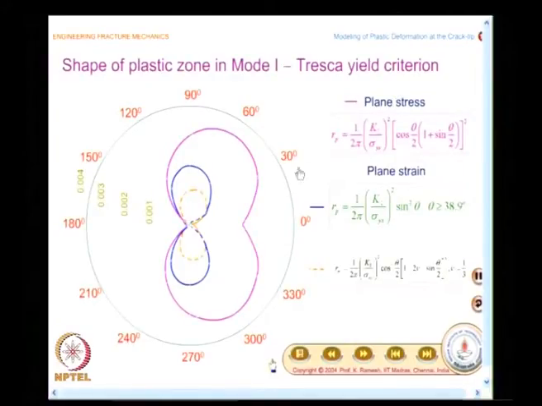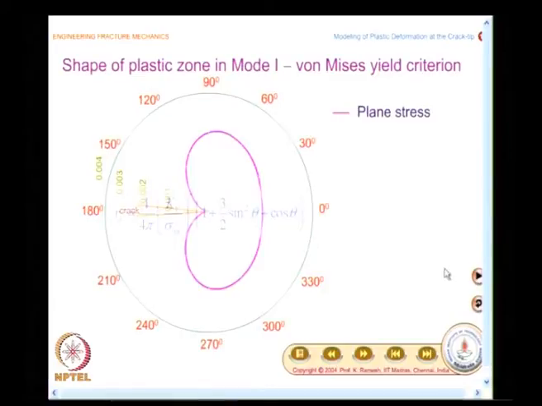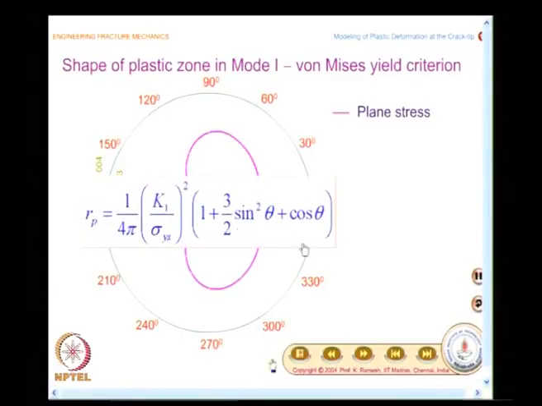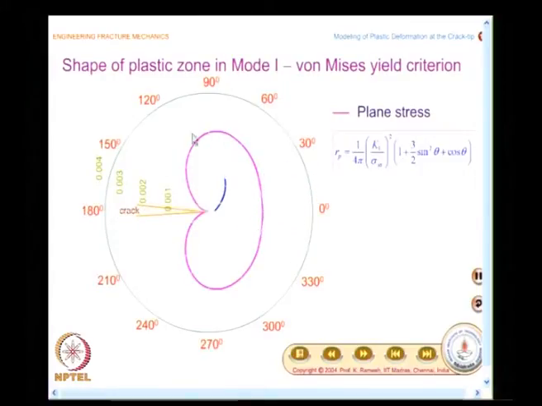Now, we will see how the plastic zone shapes differ when I use the von Mises criterion, and this is for the mode 1 situation. This is for plane stress, you have the expressions, you do not have to write them, but draw the sketch, and this is for plane strain.